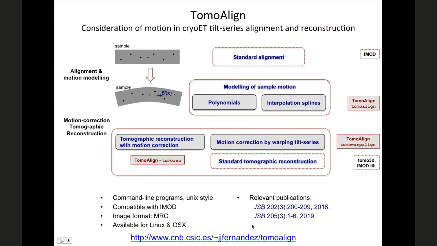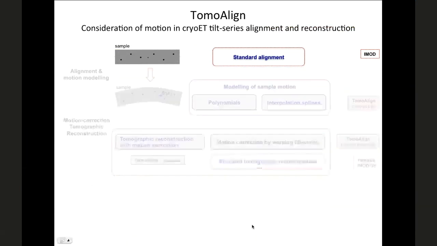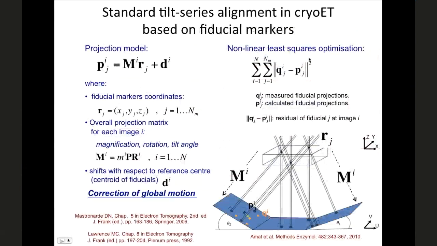Now, let's proceed with the standard alignment, which in cryotomography is normally based on fiducial markers. The relationship between the 3D coordinates of the fiducial markers in the sample and the projections in the images is given by this standard projection model.